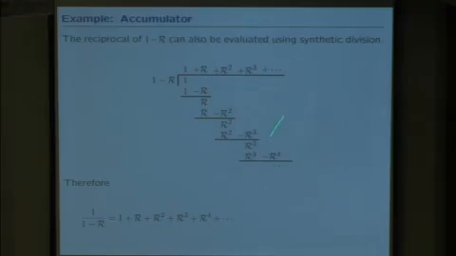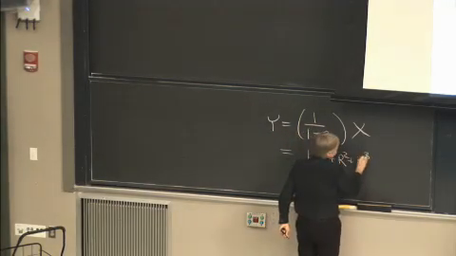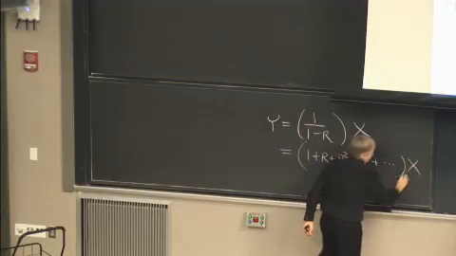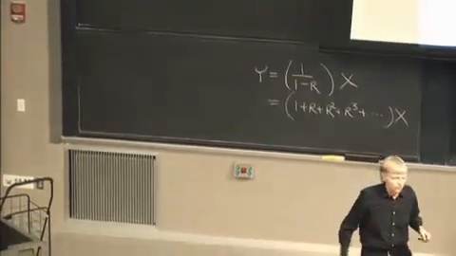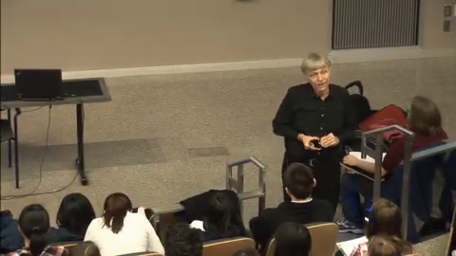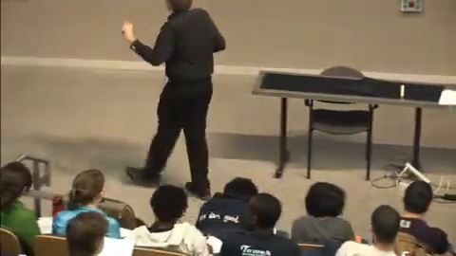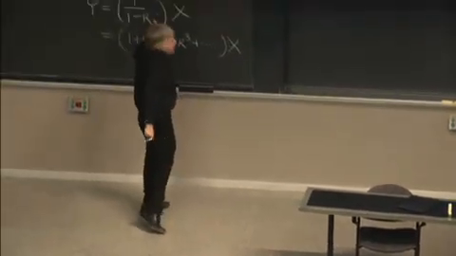And what you see is that there's a representation for this operator, 1 over 1 minus r, that is exactly the same as if I applied the operator 1 plus r plus r squared plus r cubed and so on to x. Those two are equivalent in the sense that if both systems start out at rest, and if they are both applied to the same input, they both generate the same output. So that gives us a way of thinking about operators that have numerators and denominators.